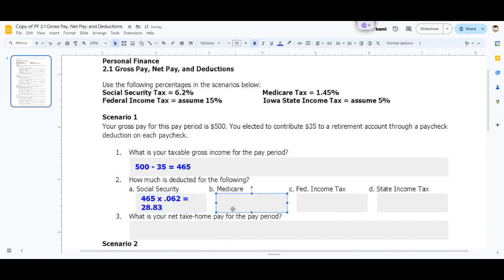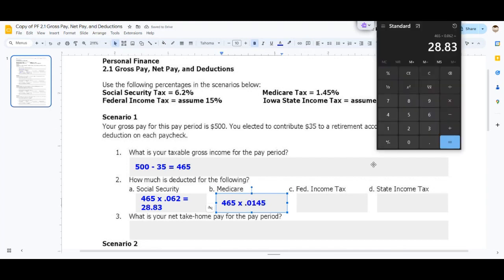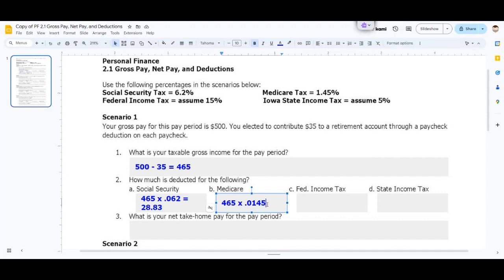All right, for Medicare, we would have 465 times 0.0145. And that's 6.7425. We're going to round to the nearest penny. So we need to look at that third decimal, 2. That 2 is going to round the 6.7425 down to just 6.74.